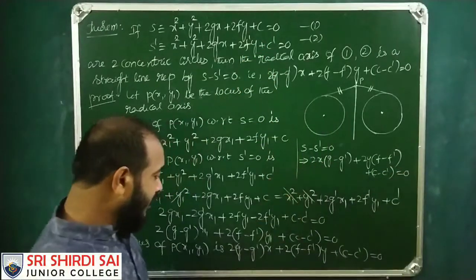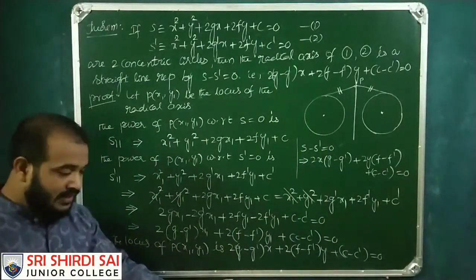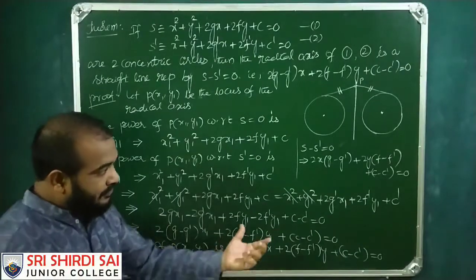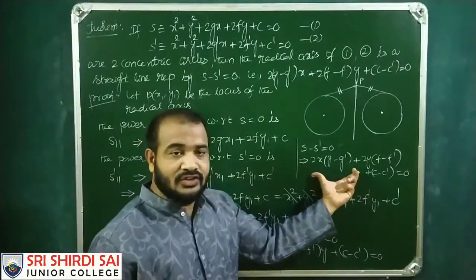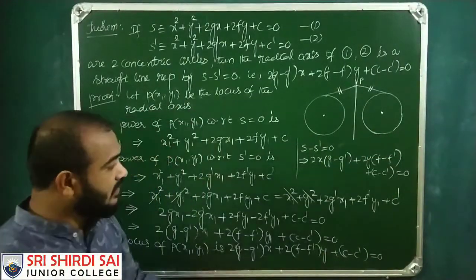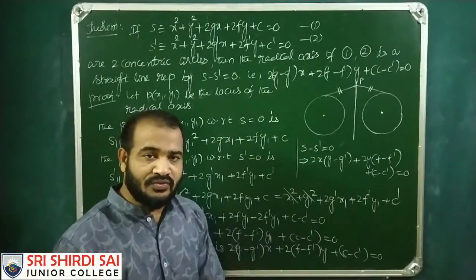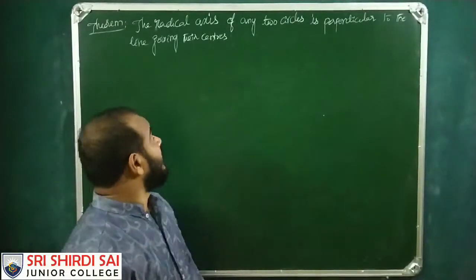Therefore, we can arrive at the conclusion that the radical axis of two circles is S minus S dash equals 0. Let us see the theorem.